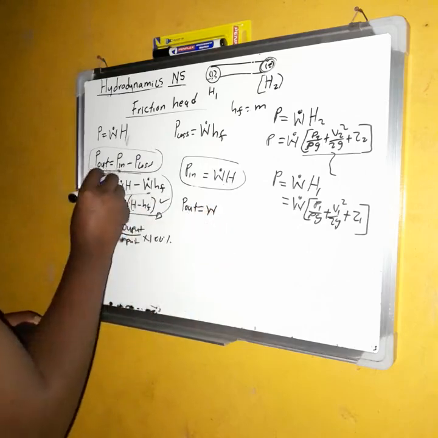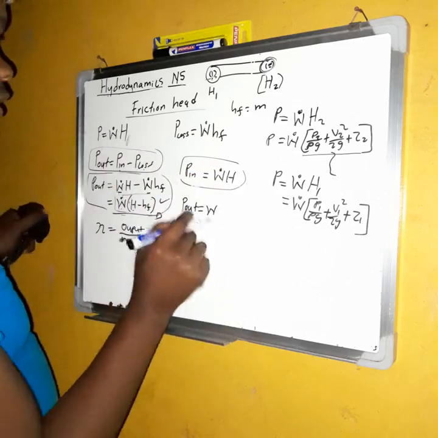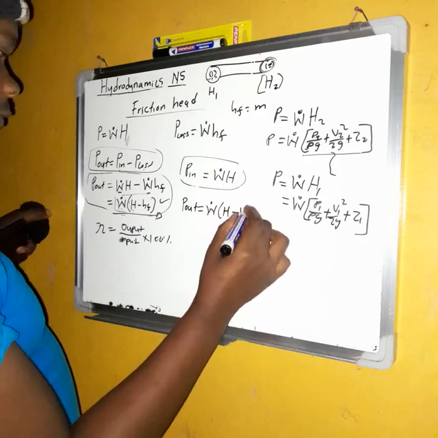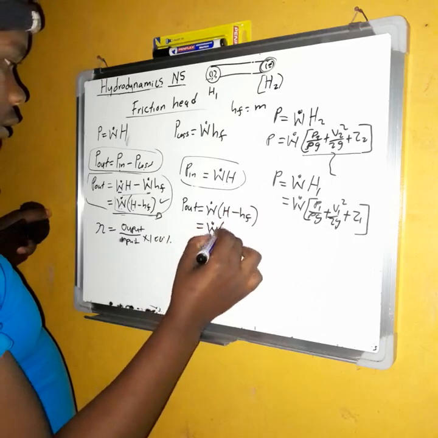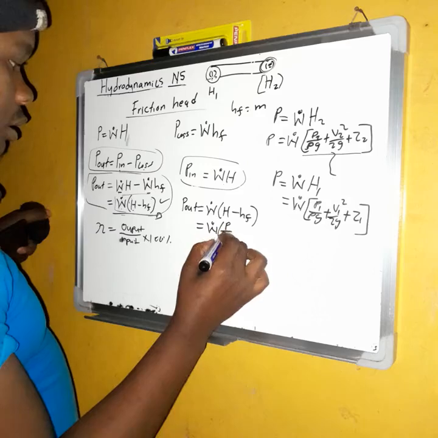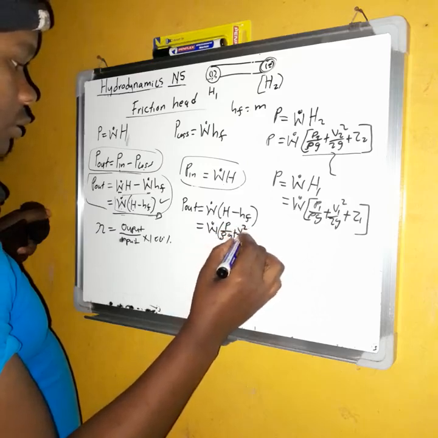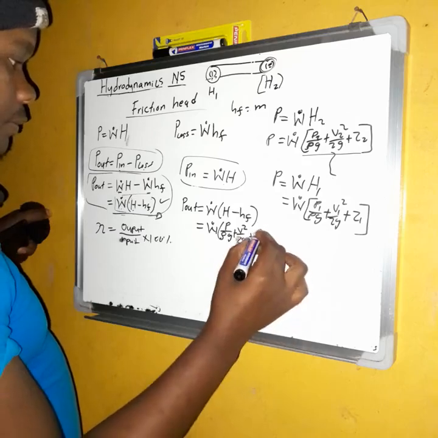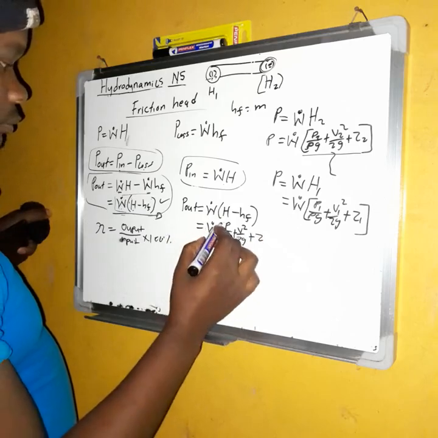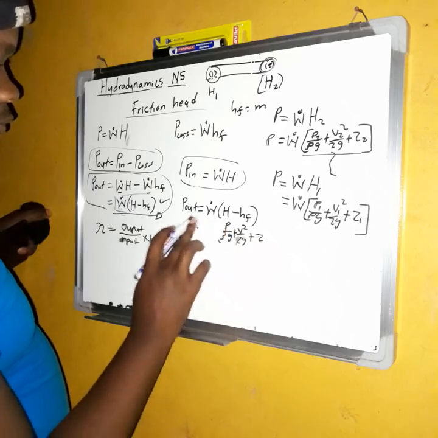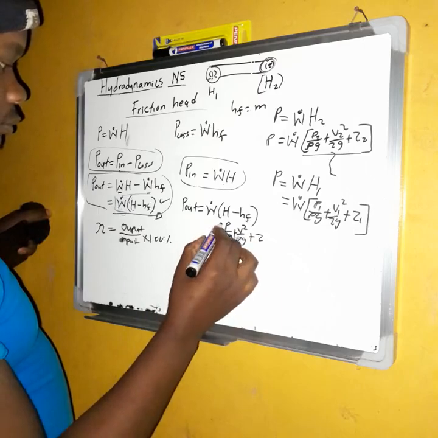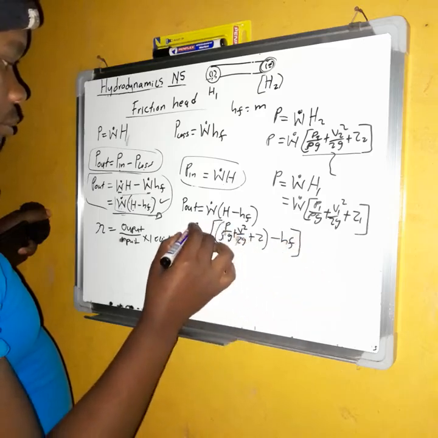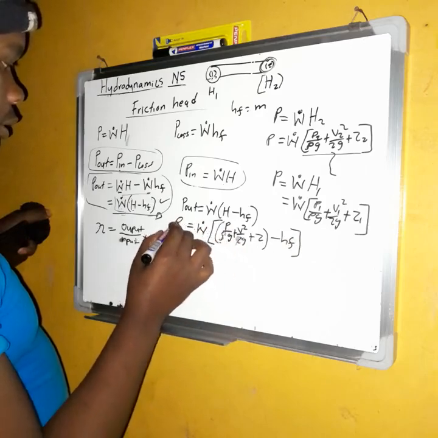H we don't know, so let me just say P over G plus V squared over 2G plus Z, in brackets, minus HF, multiplied by W, giving P out.